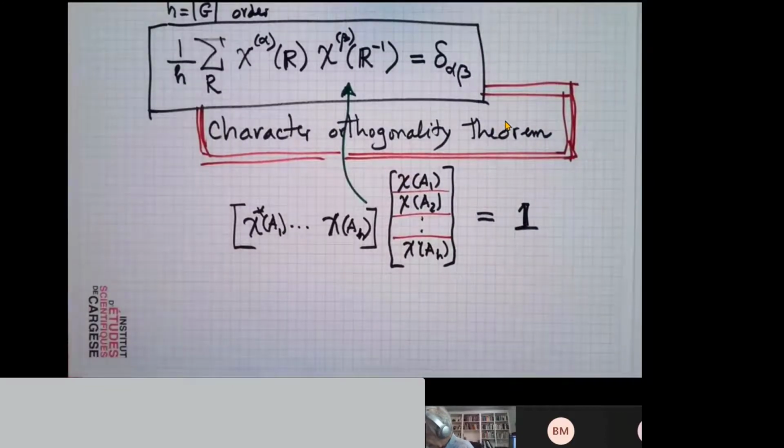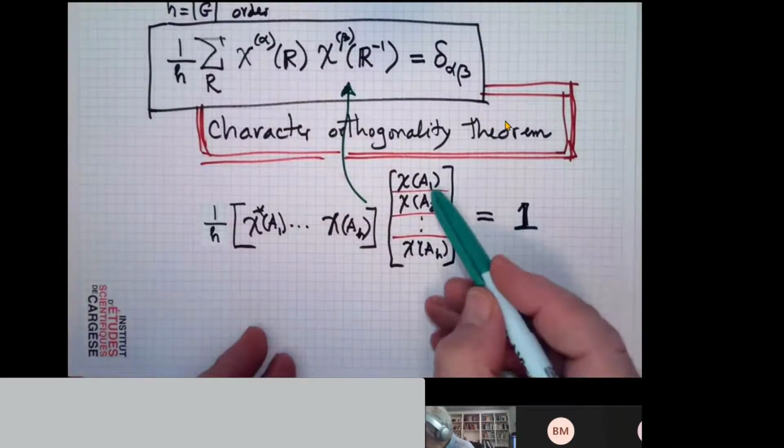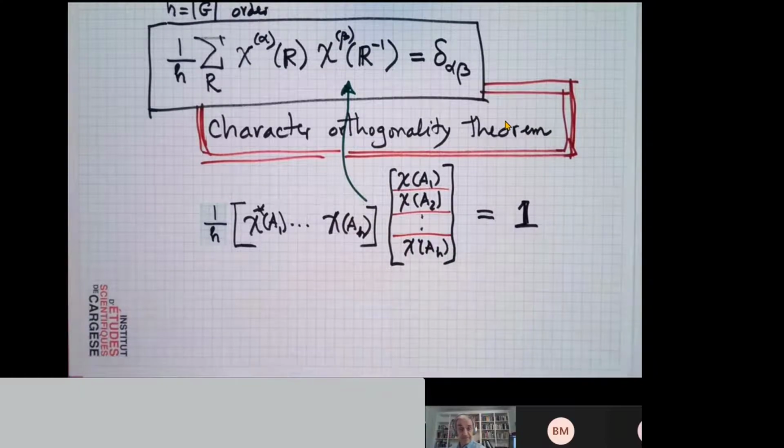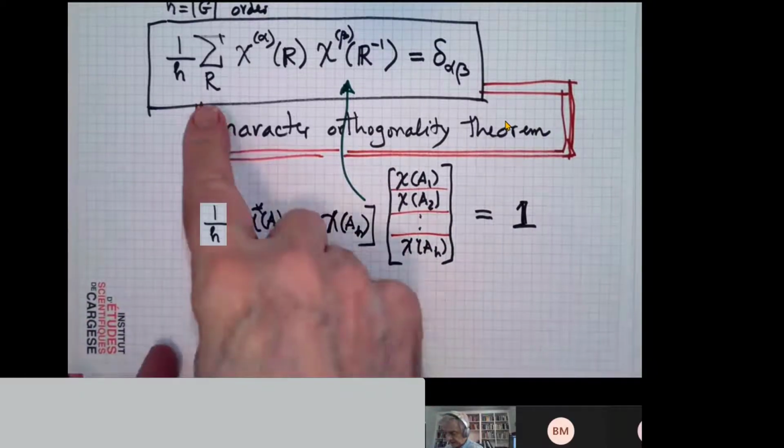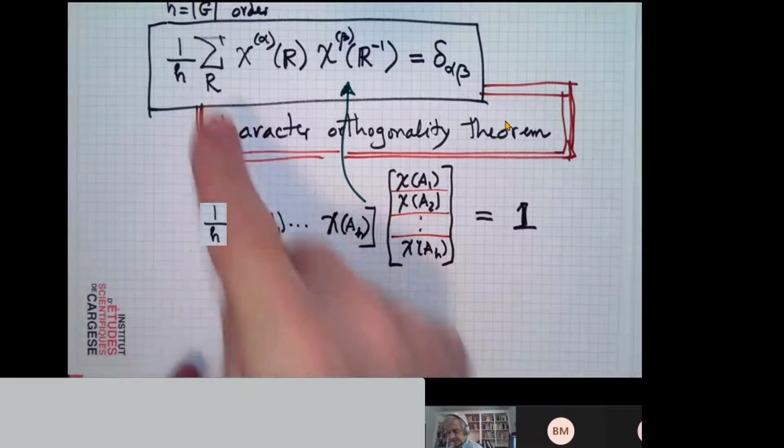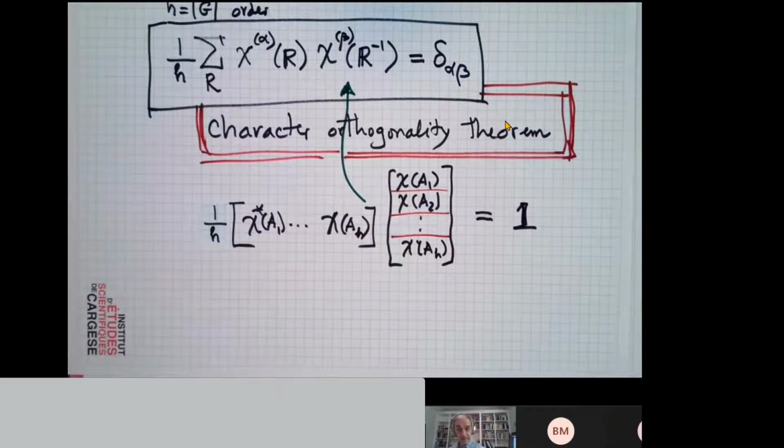So because my problem is divided into classes, there are actually groups of entries in this vector which are just the same. Formally you're summing over all group elements, but characters don't depend on an individual group element. They only depend on the class your group element belongs to. So really the sum is over the classes.